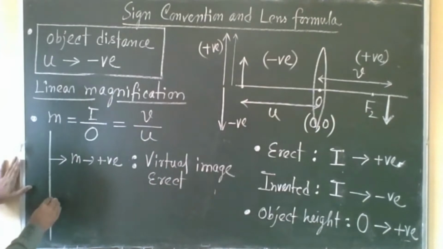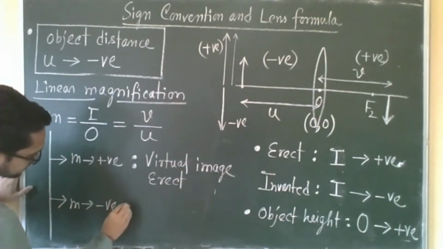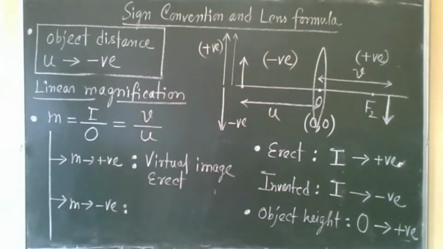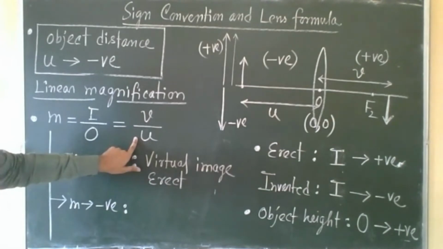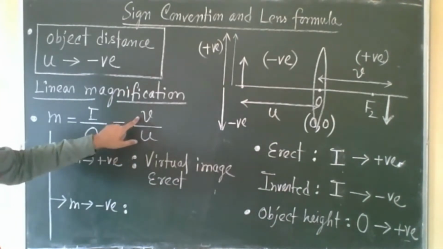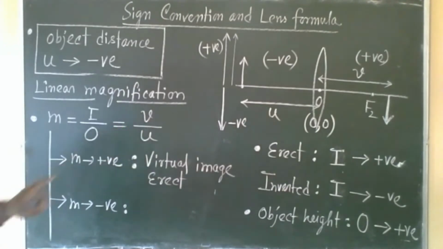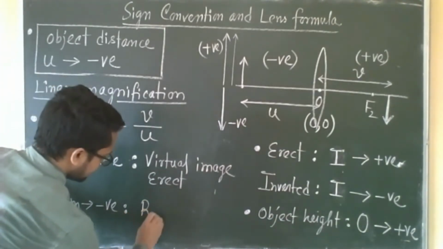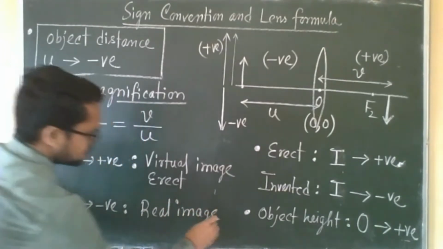Okay. Second, if M is negative, then first come here, U is always negative. If M is negative, V should be positive. U is always negative, so V should be positive. In which case V is positive? Real image. So properties of image will be real image. We don't have to draw a diagram.